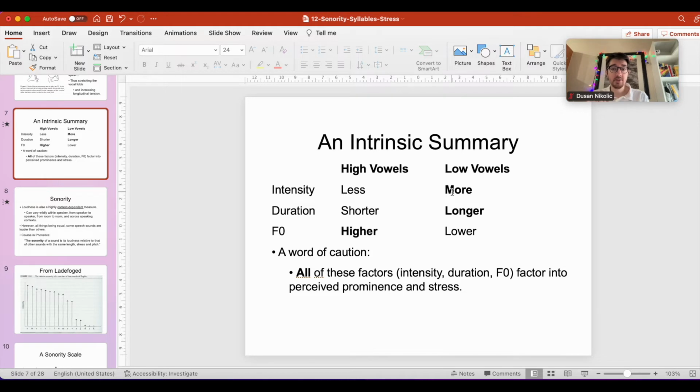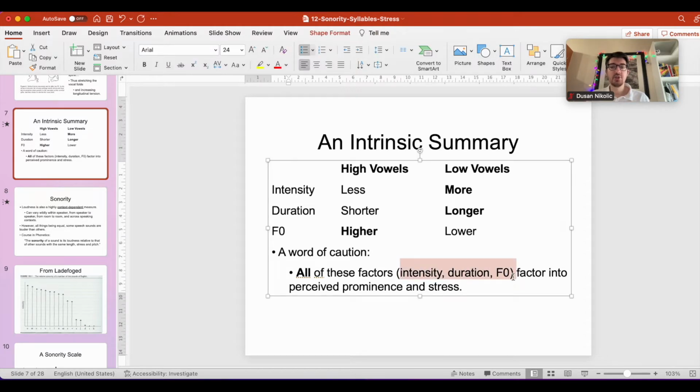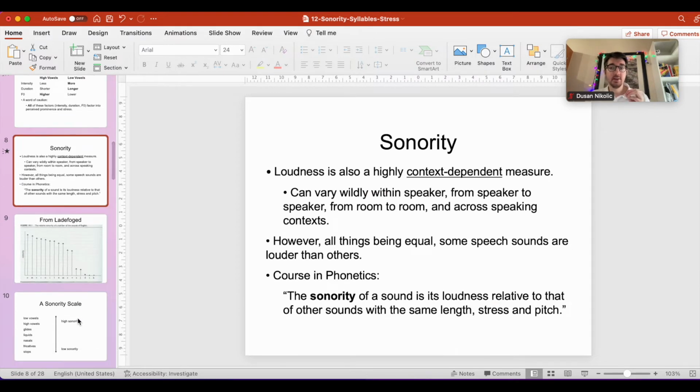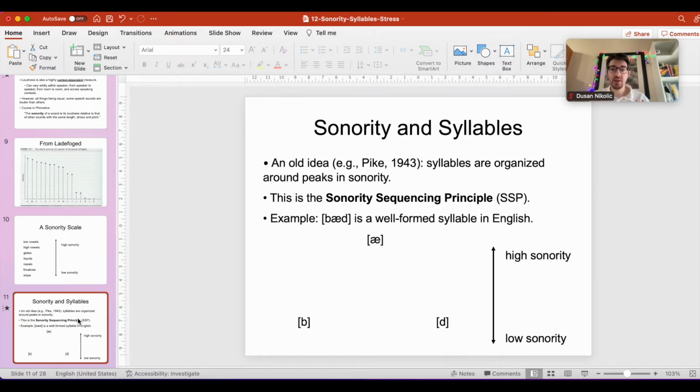Stress is a property of syllables, and some intrinsic properties of vowels will contribute to where stress is, or where you might hear stress as well. However, that's not all there is. Intensity, duration, and F0 of syllables is what matters, and sonority is very important for syllable structure.